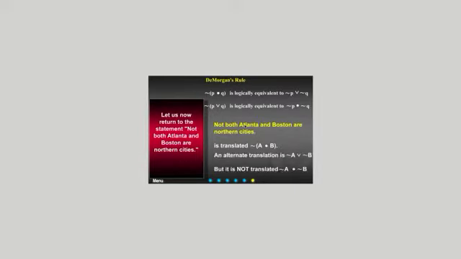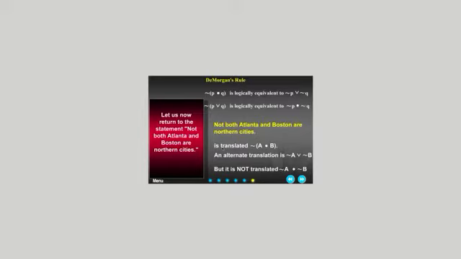So "not both Boston and Atlanta are northern cities" is translated as not both, in parentheses, A and B, and an alternate translation is not A or not B. But it's definitely not translated as not A and not B. You saw already how that's not equivalent, but it will be equivalent to this.